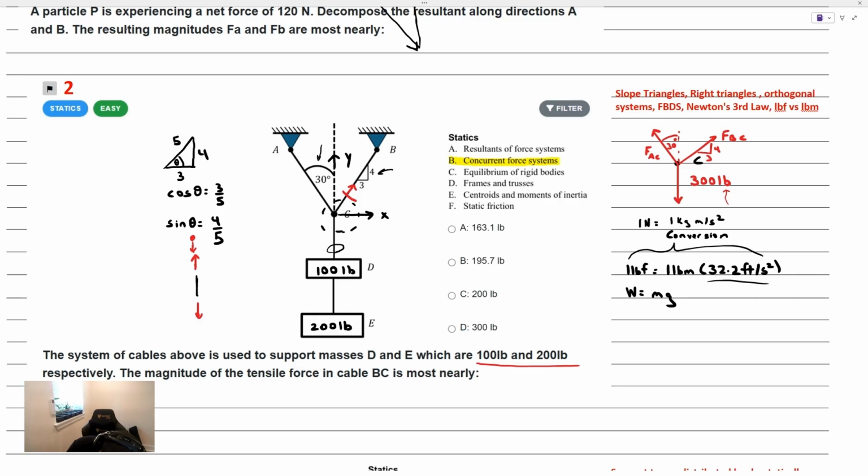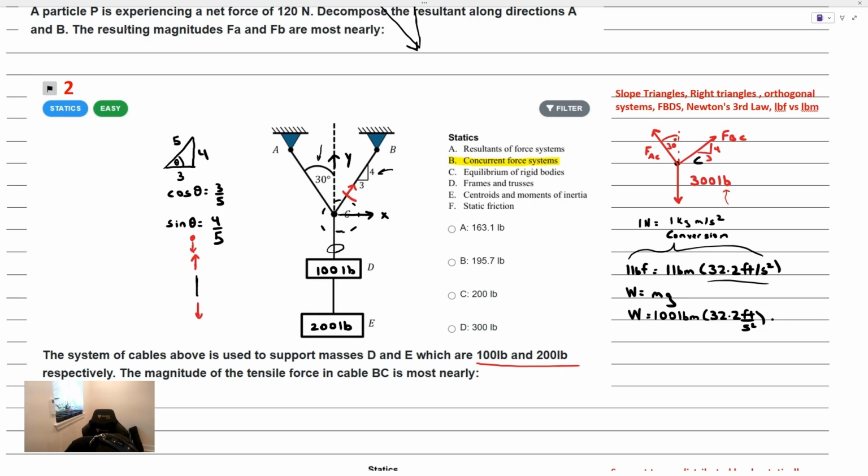Let's say, for example, we plugged in the mass as 100 pound mass here. In order to turn mass into weight, we multiply by gravity, that's 32.2 feet per second squared. So on this right-hand side for the weight, what I have is 100 pound mass times 32.2 feet per second squared.